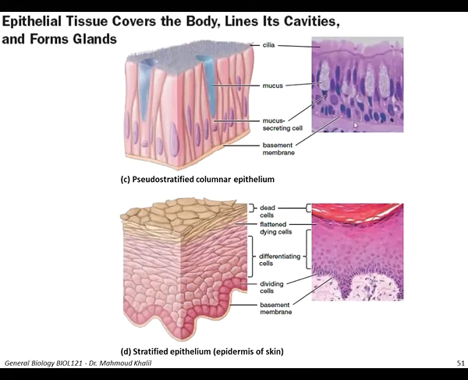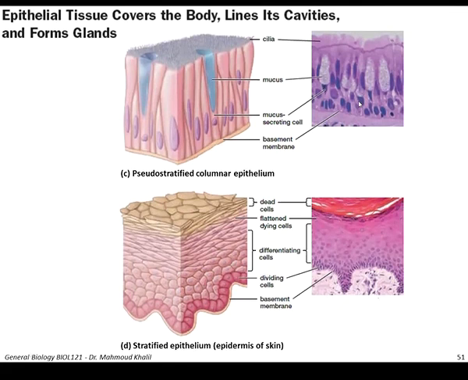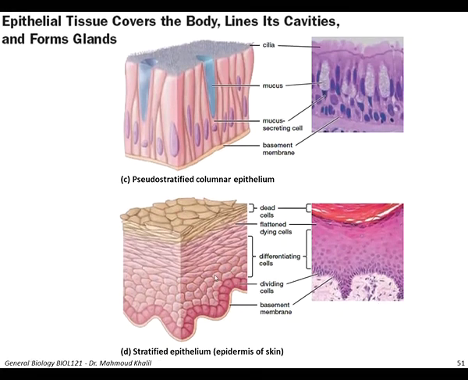And this is a real image of a pseudostratified epithelium. And you can see that the border of cilia is above, and you can see the mucus, and it's actually present in the respiratory tract. Here you can see the pseudostratified columnar epithelia. You can see here the pseudostratified epithelia next to the stratified squamous epithelia.